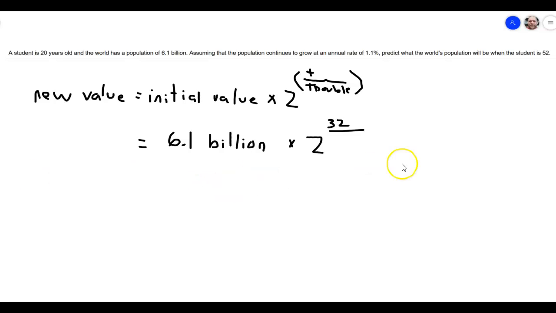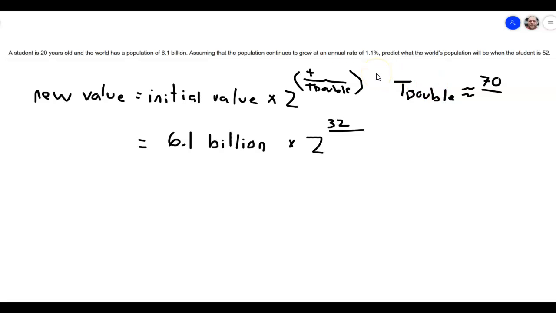Off to the side here, the t double is approximately equal to, we have an exact equation and an approximate one, but we're going to use the approximate for this one, from section 8B: 70 over p, where p is the percentage in percentage form.